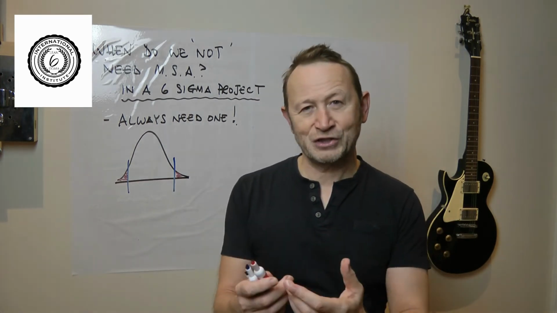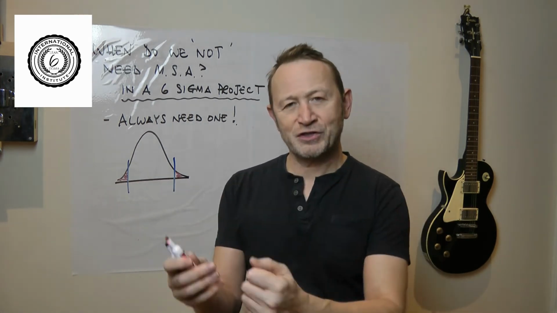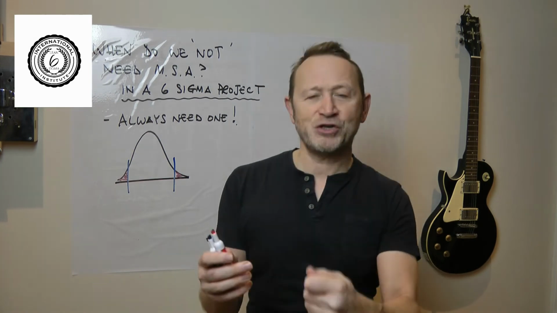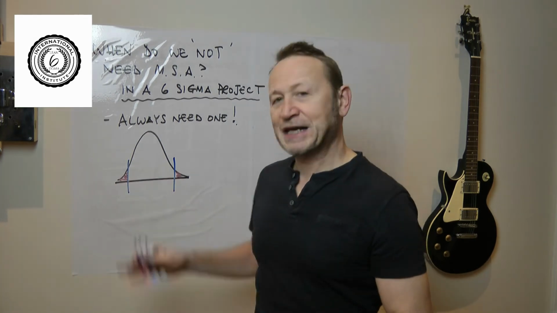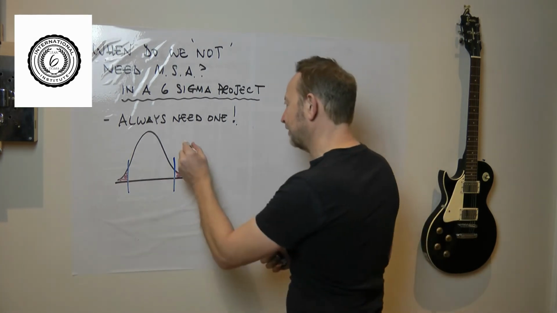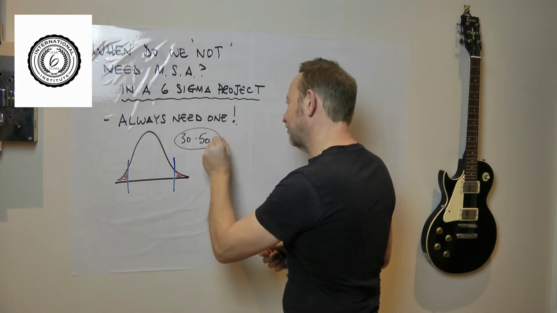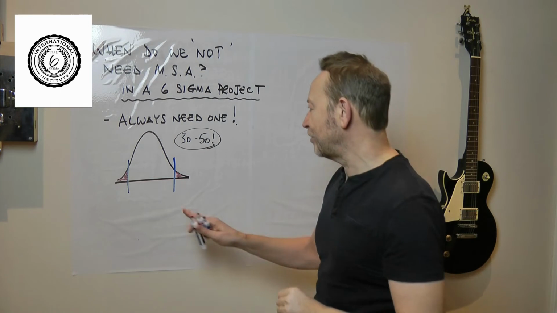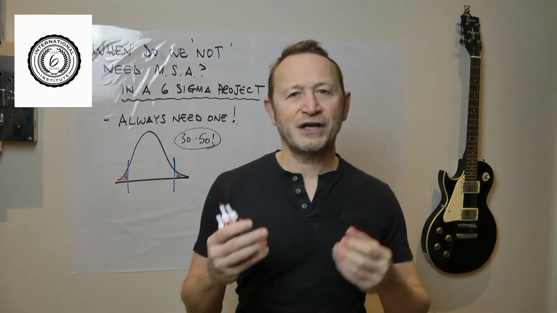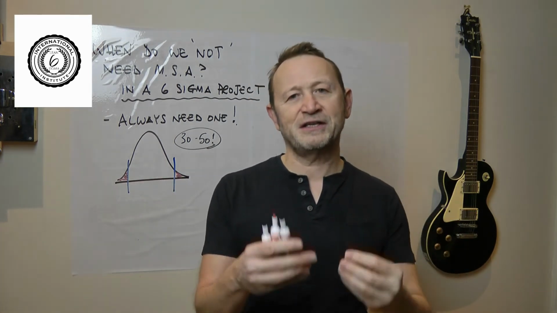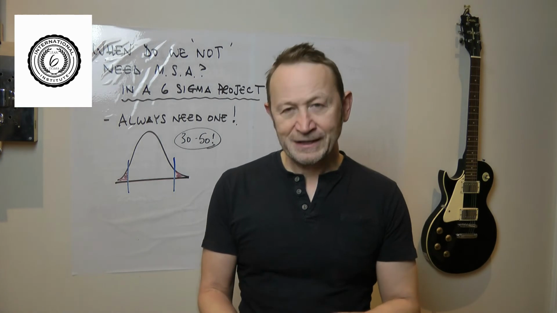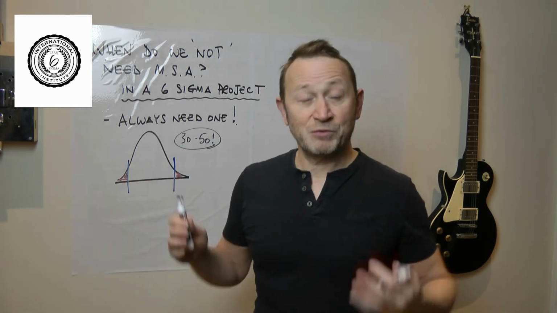So one of the important things you do is, right at the beginning, define and measurement phase, you collect data, typically 30 to 50 data points, very important, and you find out the current capability of your process. Now, why do we always need one? So we've got a problem.